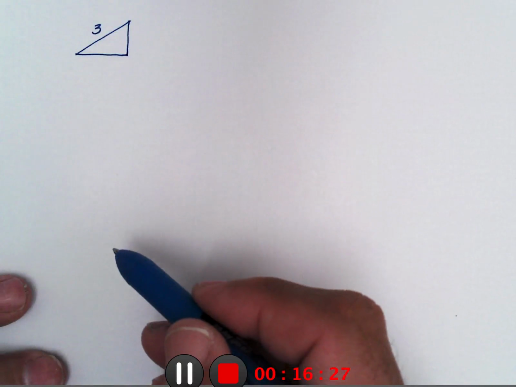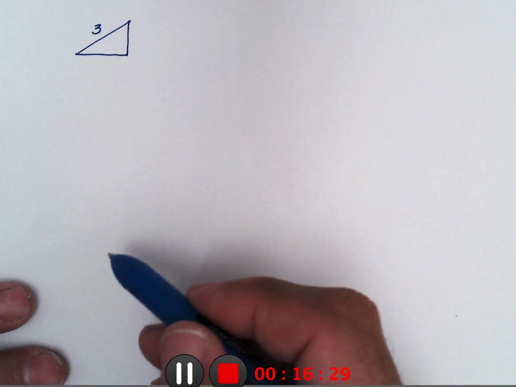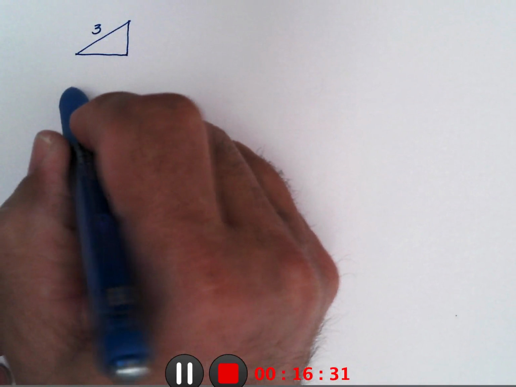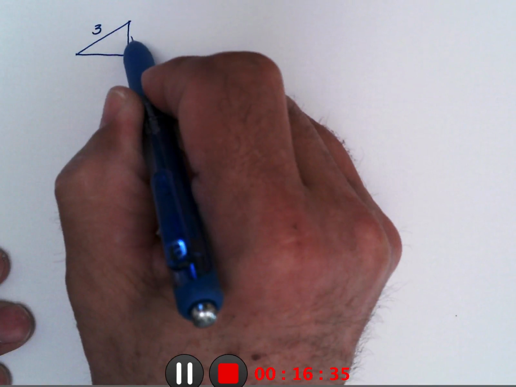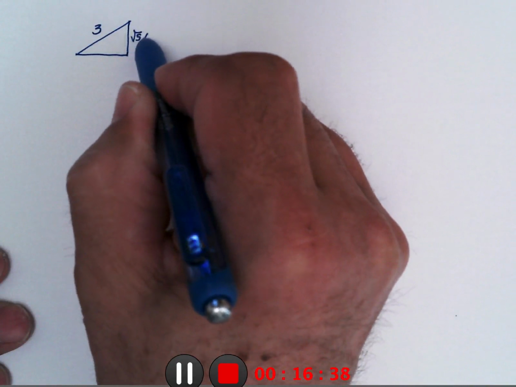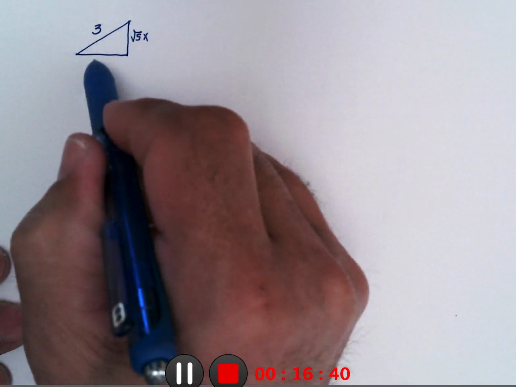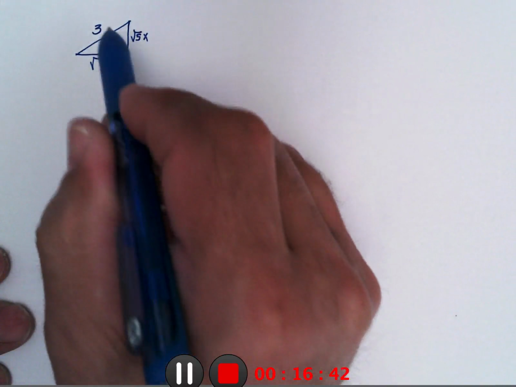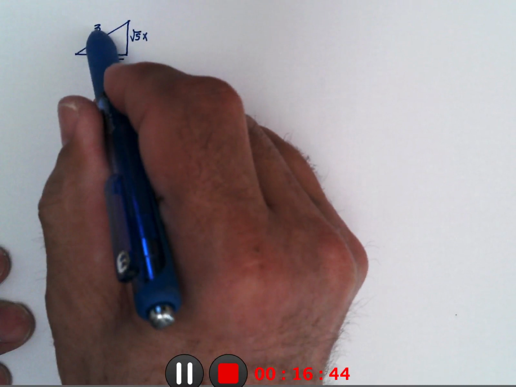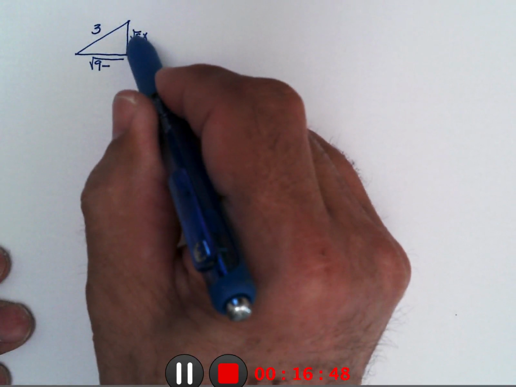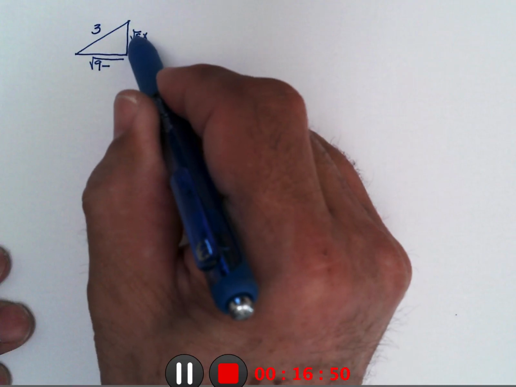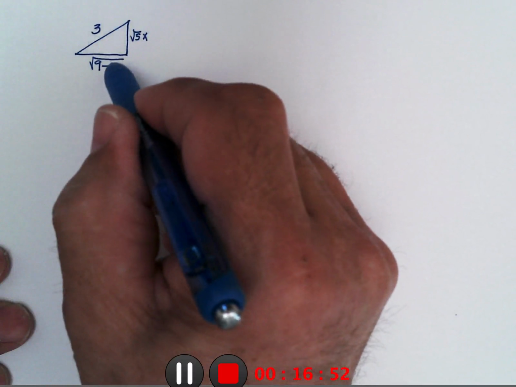Let's see here. I believe that's the sine, which means we're going to have to put over here the square root of 5x, so that this side becomes the square root of the hypotenuse squared minus the leg squared, and square root of 5 squared is 5, and x squared is x squared, so 5x squared.